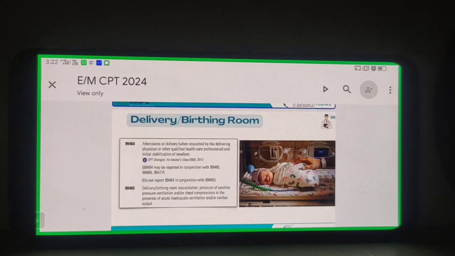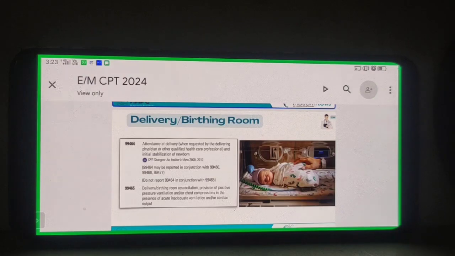But in 99465, the baby needs pressure ventilation or chest compression because the baby cannot breathe well, so they give a ventilation procedure for stabilization. So in that case, 99465. Without pressure ventilation or chest compression, 99464.